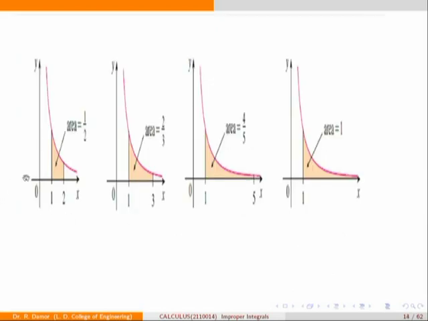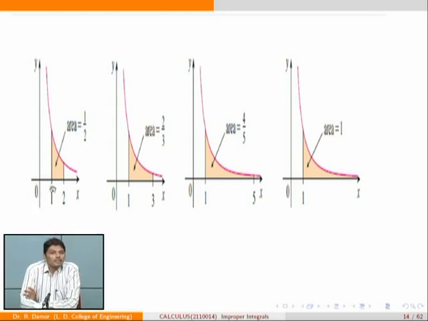Now see how this approaches. Suppose I take the region bounded from 1 to 2, a definite integral. Then I can find my area as 1 by 2. But suppose I extend this to 3, then what is my area? The area is 2 by 3. Same thing, suppose I extend the upper limit up to 5.